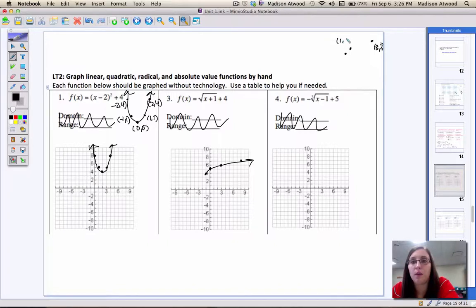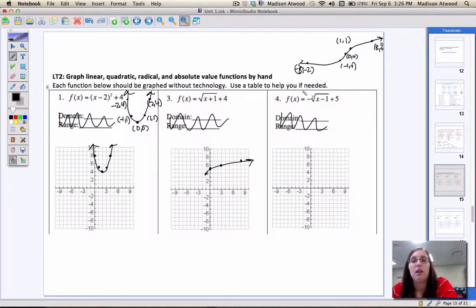And this one is 1, 1, 0, 0. And then this one was negative 1, negative 1, and negative 8, negative 2. So it goes in this shape.